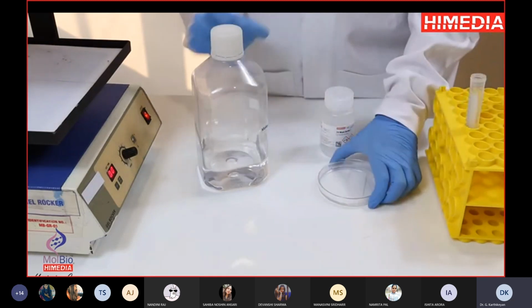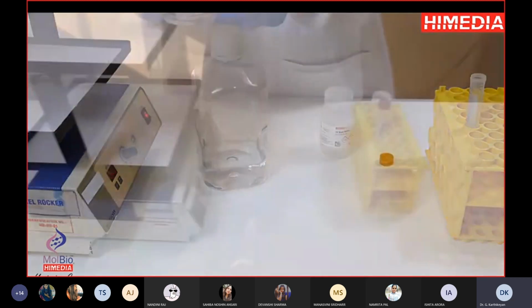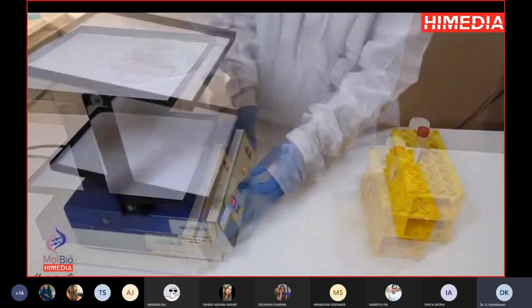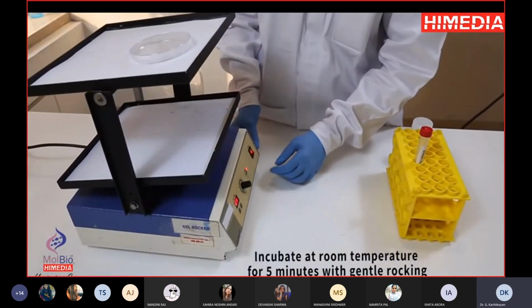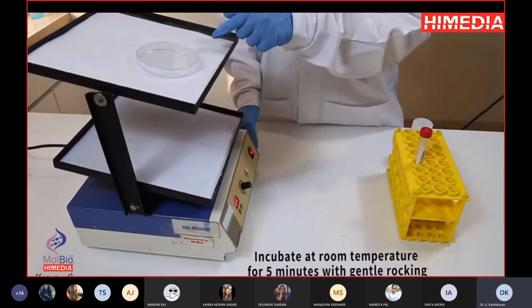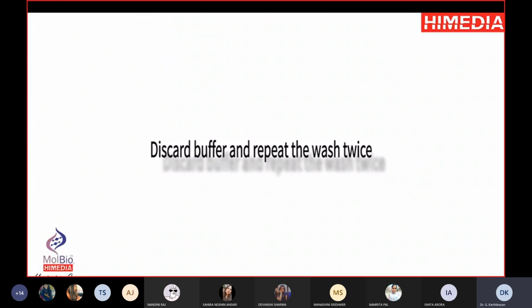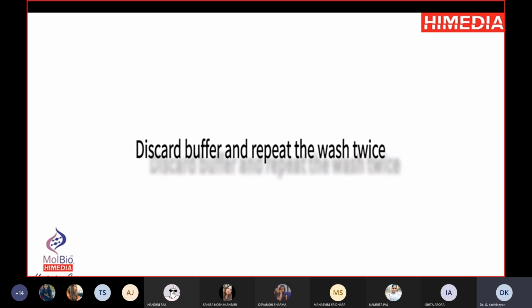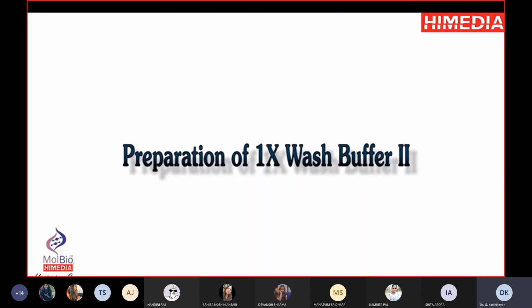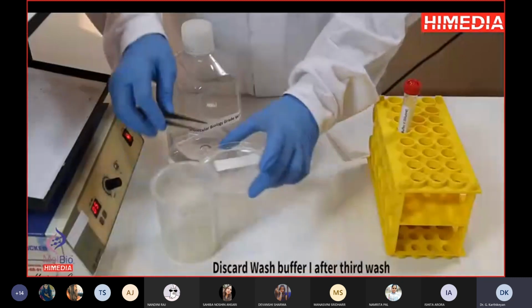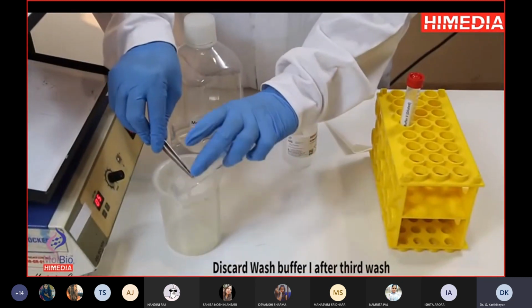So this is to make sure the excess probe and the excess milk fats, whatever was used for blocking, gets washed away. Incubate at room temperature for 5 minutes with gentle rocking.